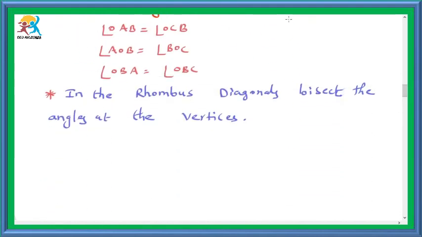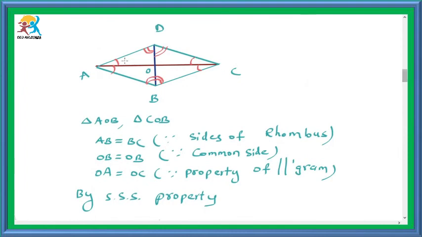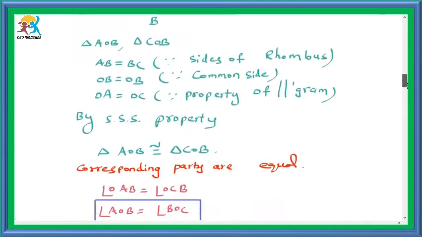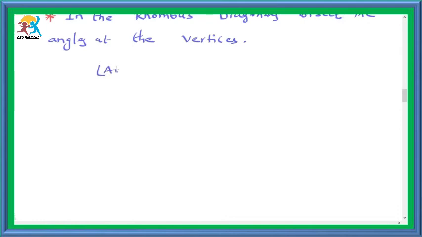And we choose this one, angle AOB is equal to angle BOC. Angle AOB and angle BOC, these two are a linear pair, these two are lying on the same line. So, their sum is 180 degrees. I will write angle AOB plus angle BOC is equal to 180 degrees, since it is a linear pair. Now we got that these two are equal and their sum is 180.